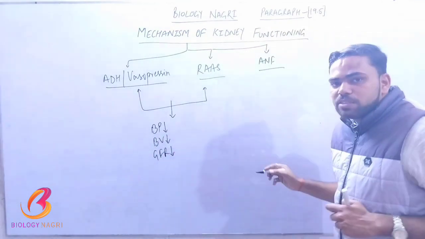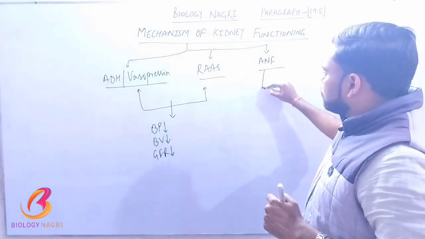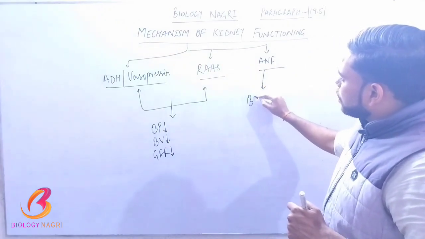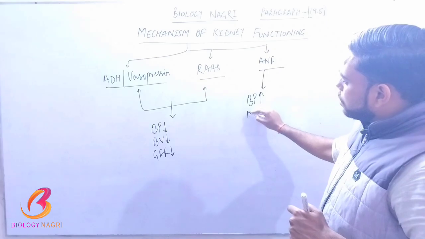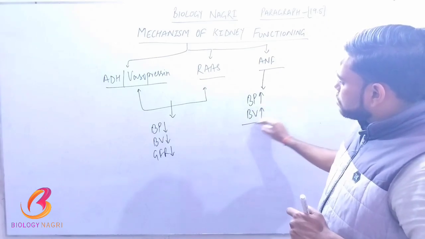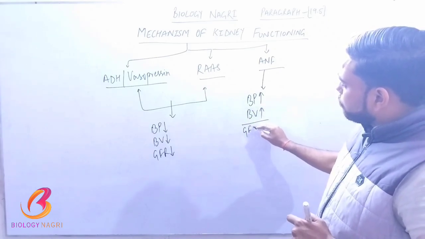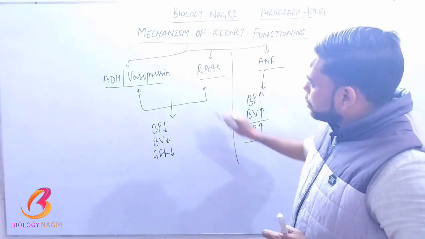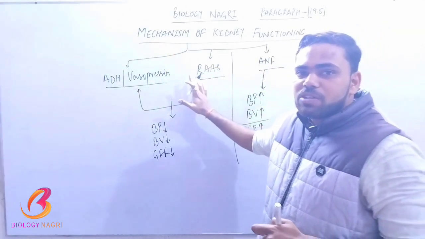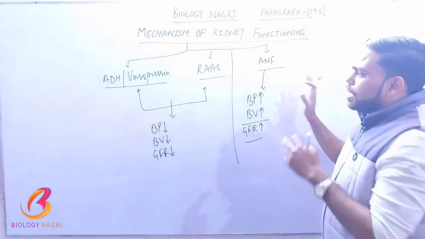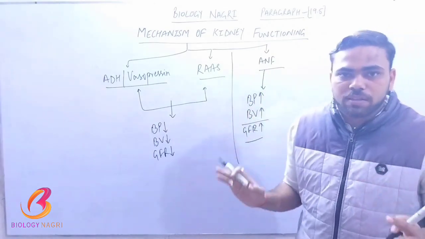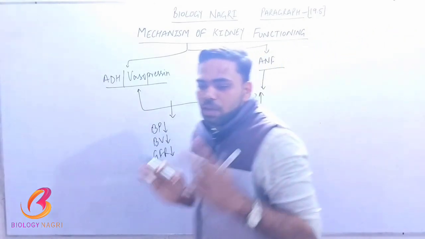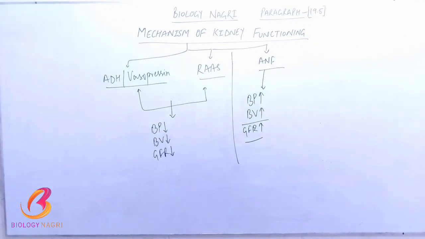But the ANF mechanism starts when there is an increase in BP, an increase in blood volume, or an increase in glomerular filtration rate. So these two mechanisms are antagonistic to the ANF mechanism. Let's go through all three mechanisms one by one.